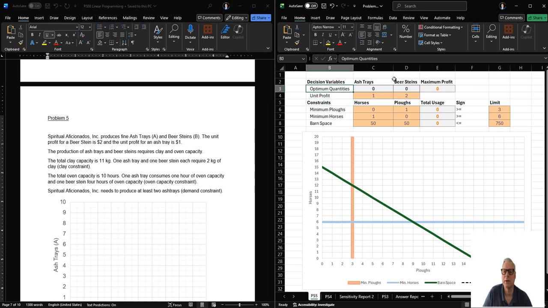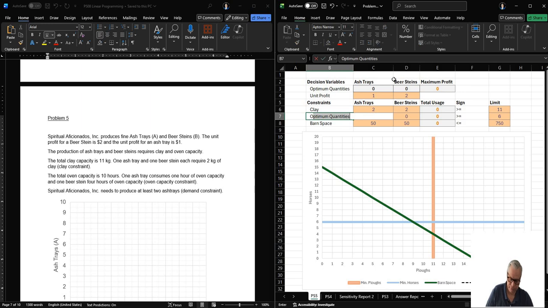And then let's work on the constraints. So we have a clay constraint, and one ashtray requires 2, and a beer stein 2, and we have a total of 11.